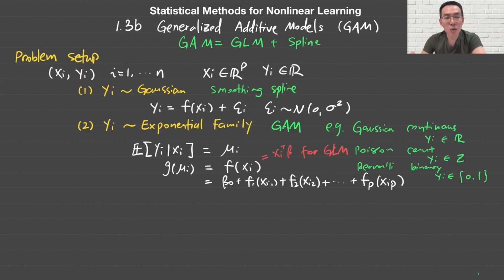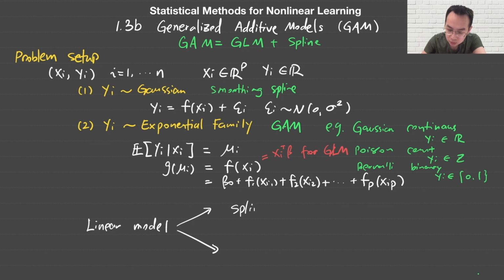Okay, so in order to understand the generalized additive model, let's consider this roadmap here. We start with a linear model, and then we take two paths to generalize this. The first path is that we generalize it into the spline, which is when the linear model becomes nonlinear.